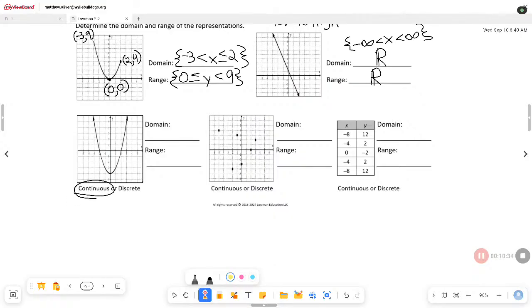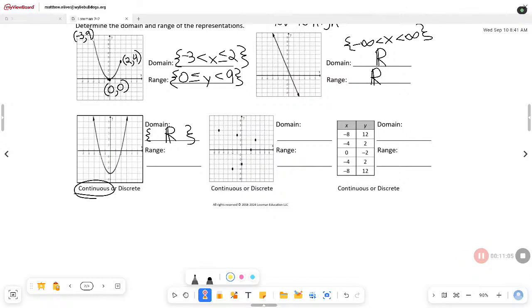And then looking at my domain, when I try to find the end of it, I'm working back and forth here, and on the end I have an arrow. So since I have an arrow going left, that's going to go from negative infinity, and since I have an arrow on the right, it'll go to positive infinity. So my domain is actually all real numbers here.